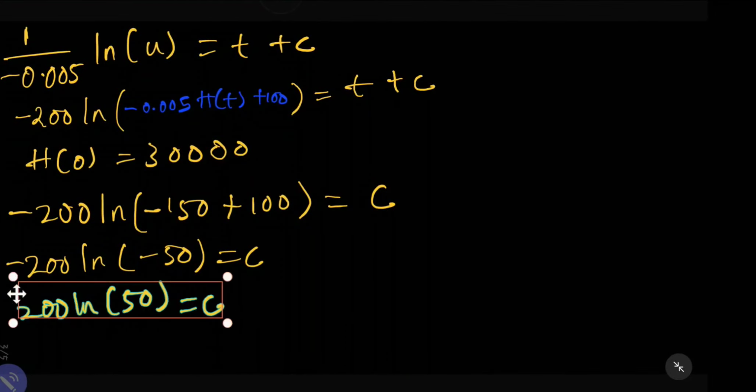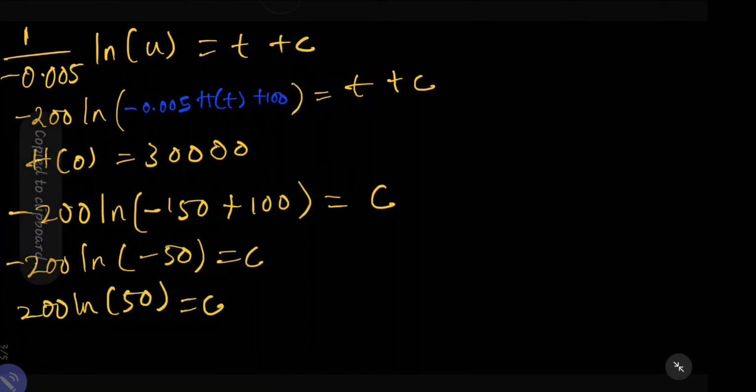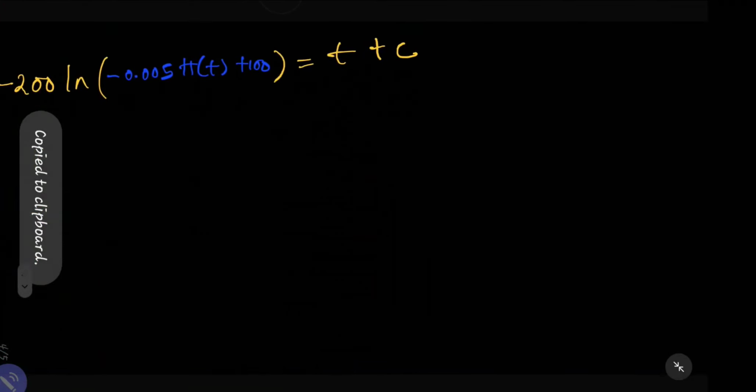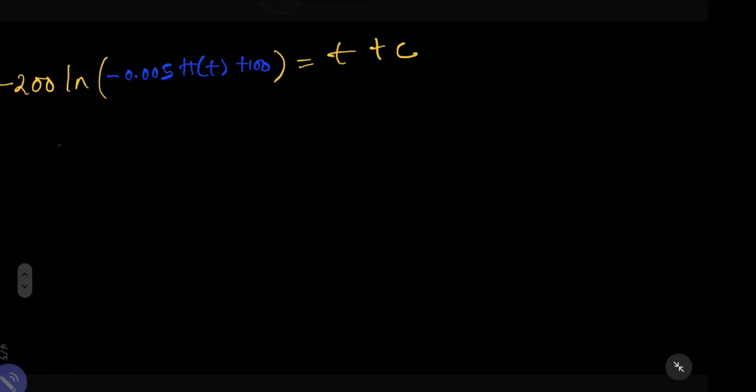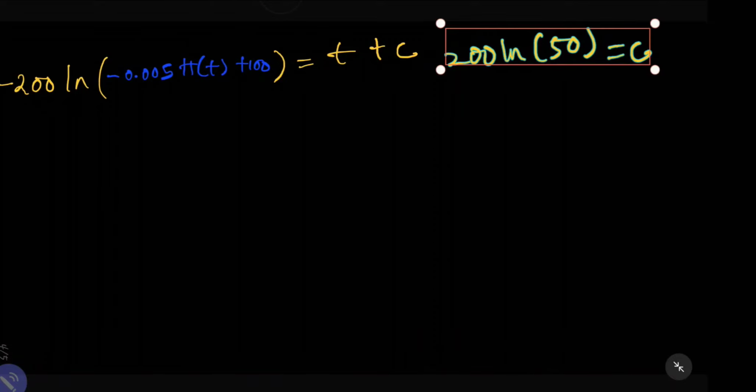This is our value of c. We're going to copy this, bring it over to the next slide. We have, this is our value of c. So we can as well remove this c and replace it with the value of c.